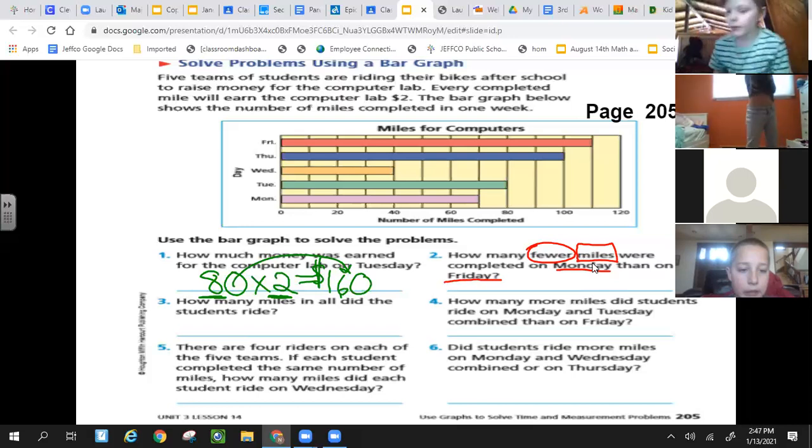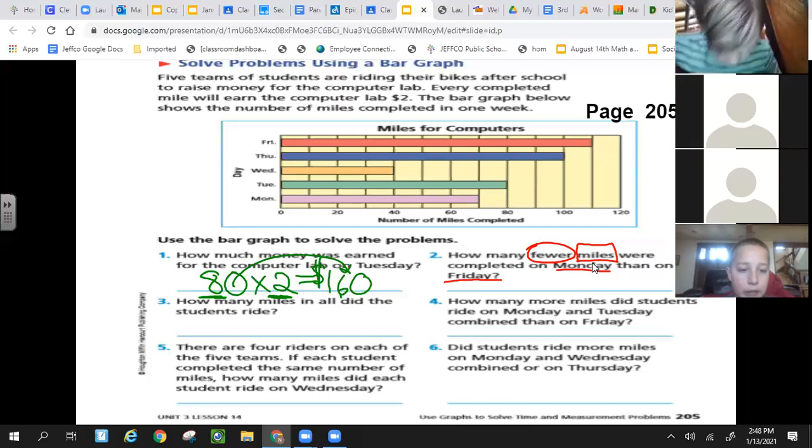So Gavin, I'm going to ask you to unmute. What should we do to find out how many fewer miles were completed on Monday than on Friday? Not dollars earned, but miles ridden on their bikes. Look at your graph.